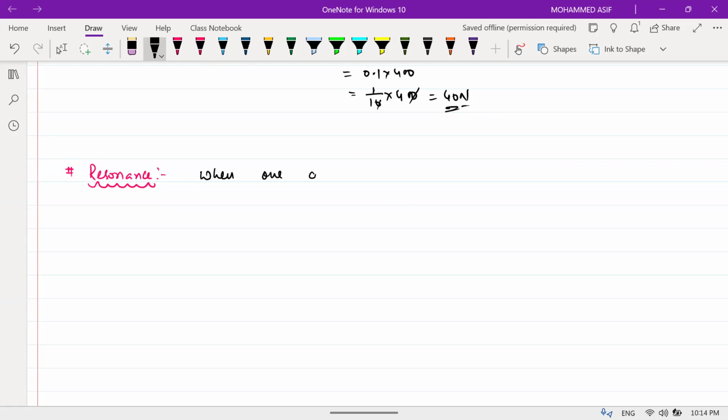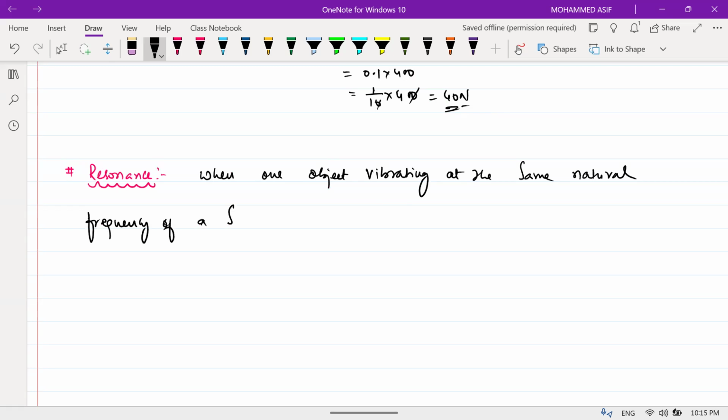So can I say that when one object is vibrating at the same natural frequency of a second object, it forces that second object into vibration mode.